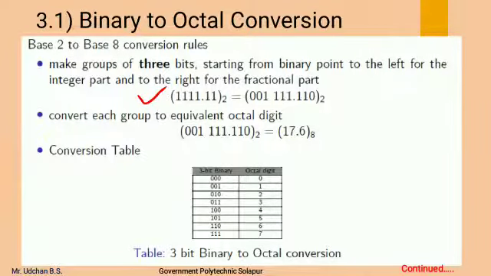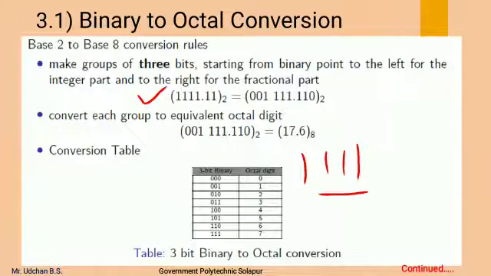The 1111 is the integer part, so we will start grouping from the binary point to the left. The given integer number is 1, 1, 1 and 1. First we will make the group of 3 bits starting from the binary point to the left as 111. This will be our first group of 3 bits.